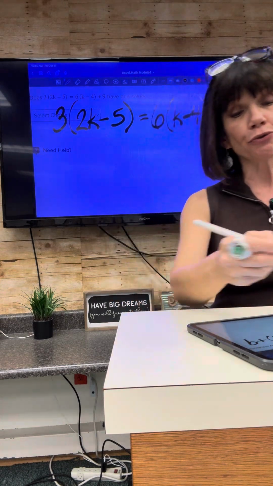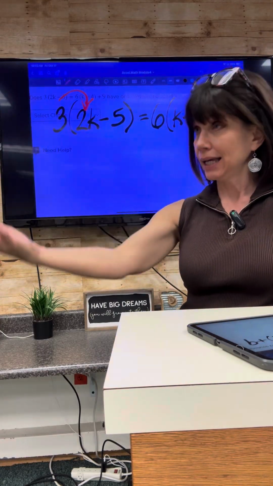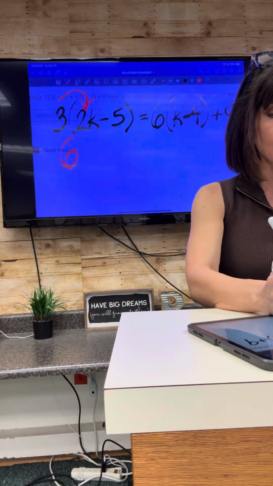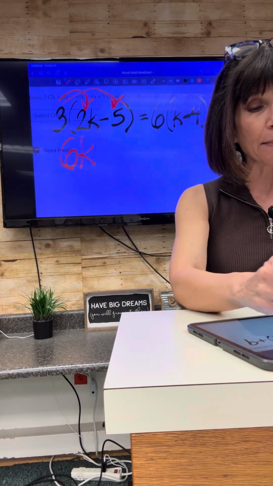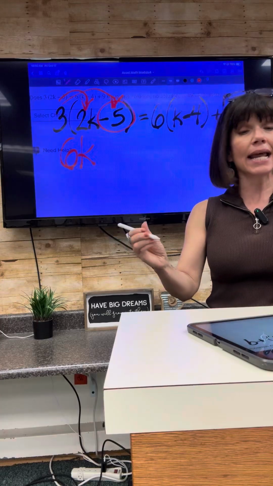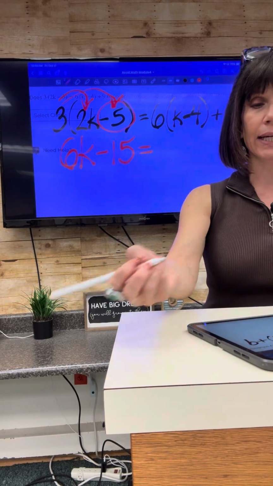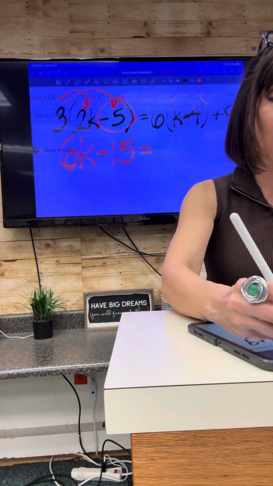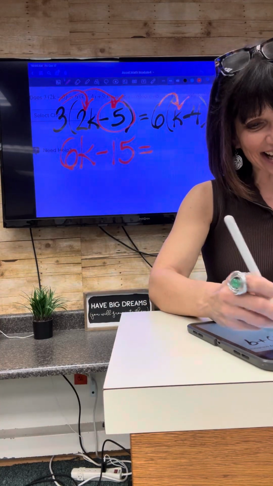So if I do 3 times 2k, what amount of k? 6k. If I do 3 times negative 5, what amount? Negative 15. Excellent participation, guys. Equaling 6 sets of k. What is 6 times k? 6k. I said the answer.